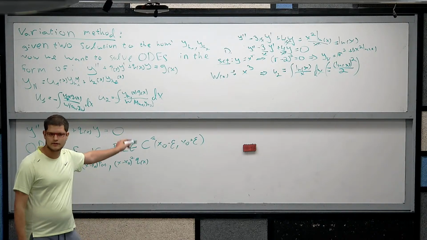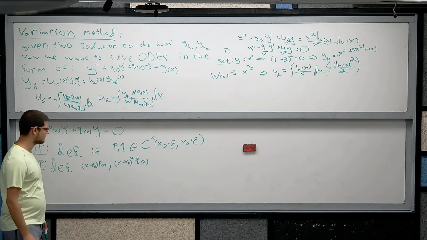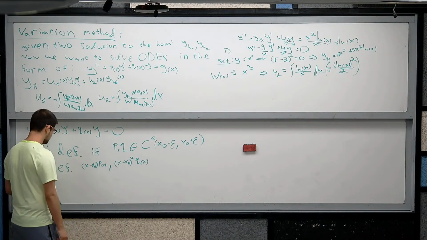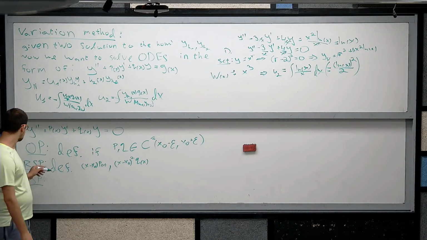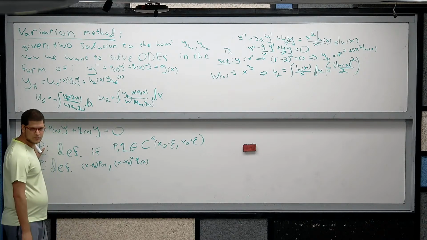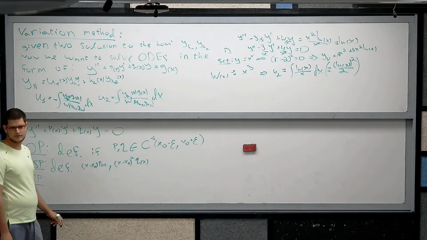You just take the epsilon and play with that. And an irregular singular point is one that is neither an ordinary point nor a regular singular point.